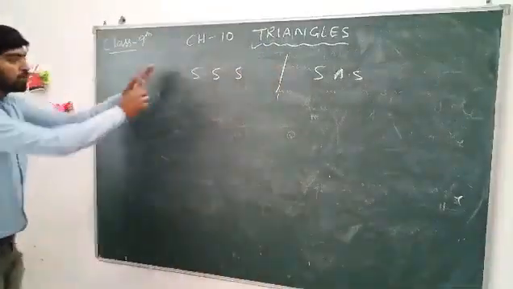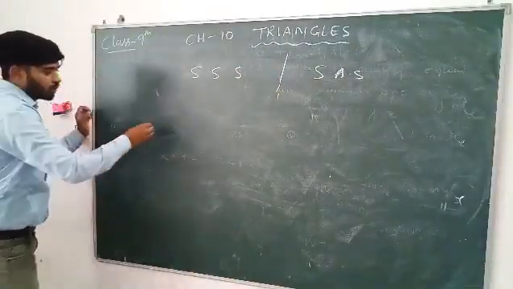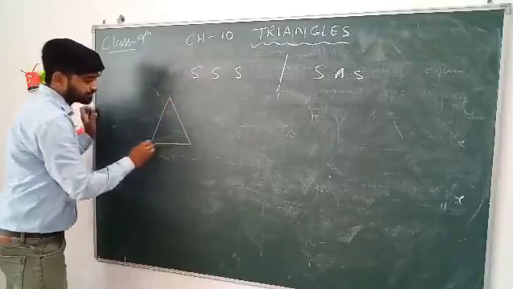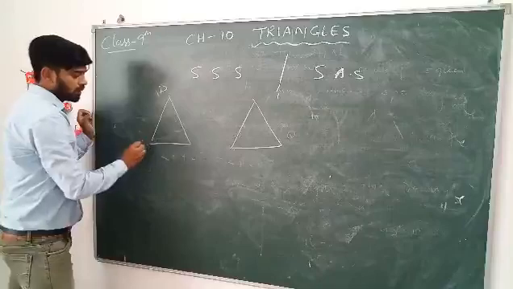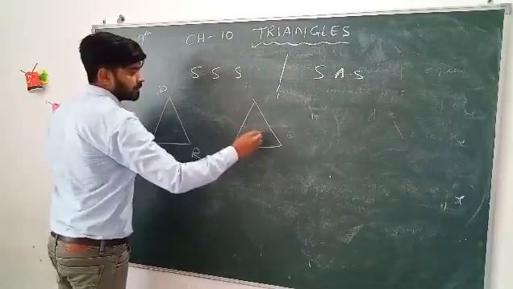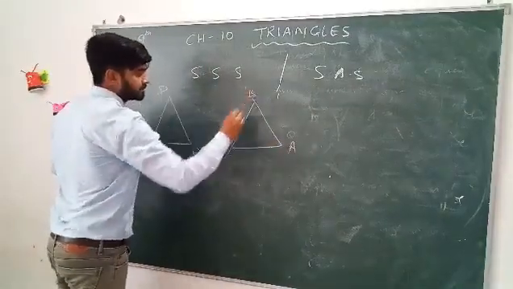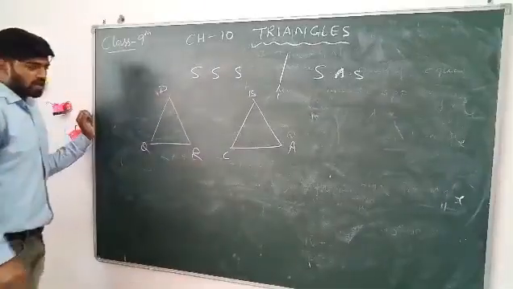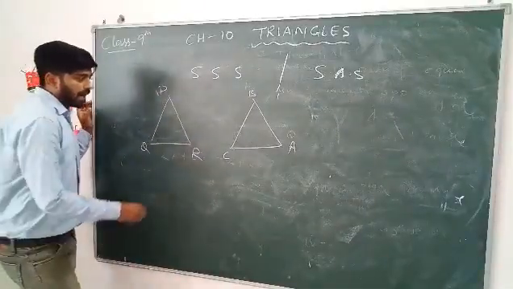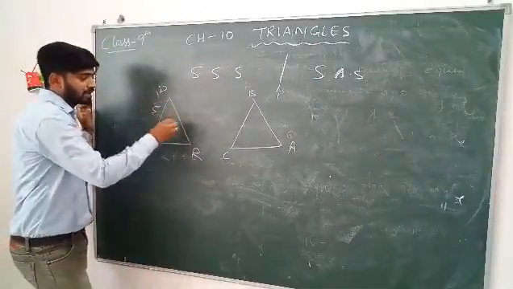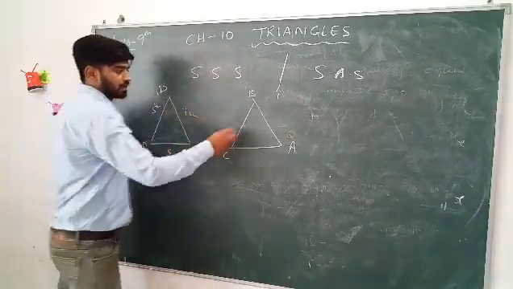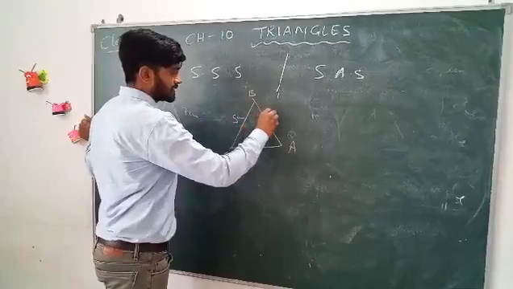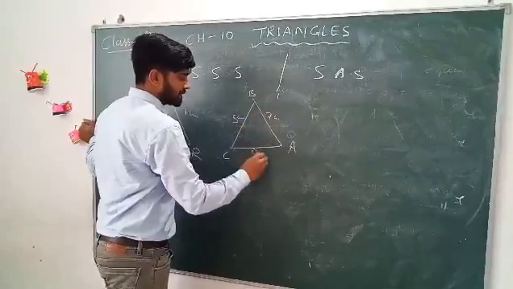So anyhow, moving forward. I have 2 triangles. The name of this triangle is PQR. The name of this triangle is ABC. Now I can say this is 5 centimeter, this is 7 centimeter, this is 8 centimeter, and in the other, this is 5, this is 7, this is 8 centimeter.